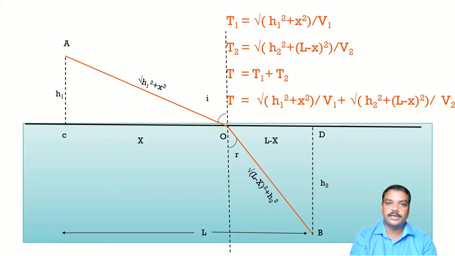Then the total time is T equal to T1 plus T2. On adding these two terms, we get T is equal to square root of h1 square plus x square by v1 plus root of h2 square plus (L minus x) whole square by v2.